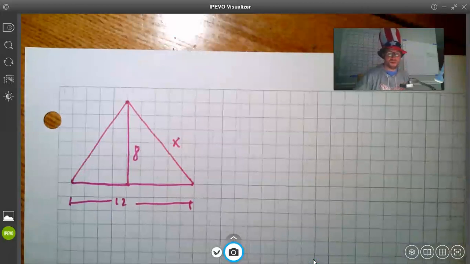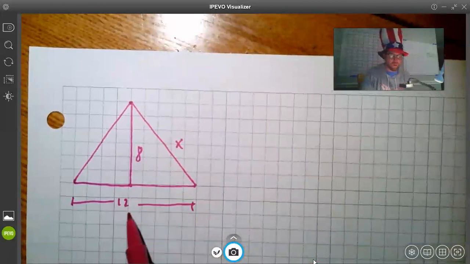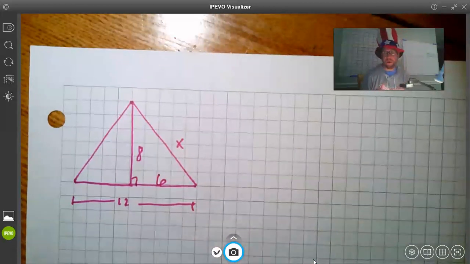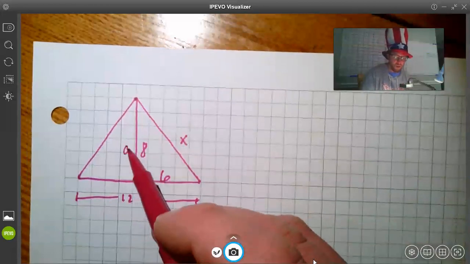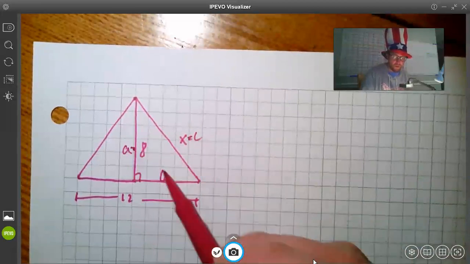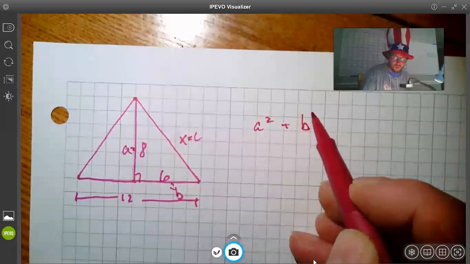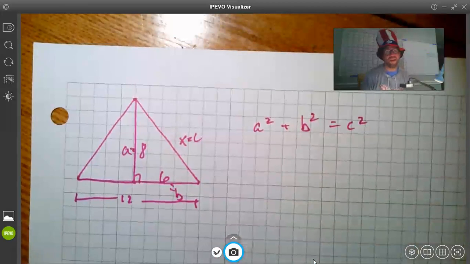So we're trying to find the unknown side here. Well, the trick here is if that's 12, then half of it, because you're cutting the isosceles triangle right down the middle, is 6. And so now we've got A and B and C for our Pythagorean theorem. So A squared plus B squared equals C squared. And hopefully you do recognize that 8, 6, 10. 10 is the other side.